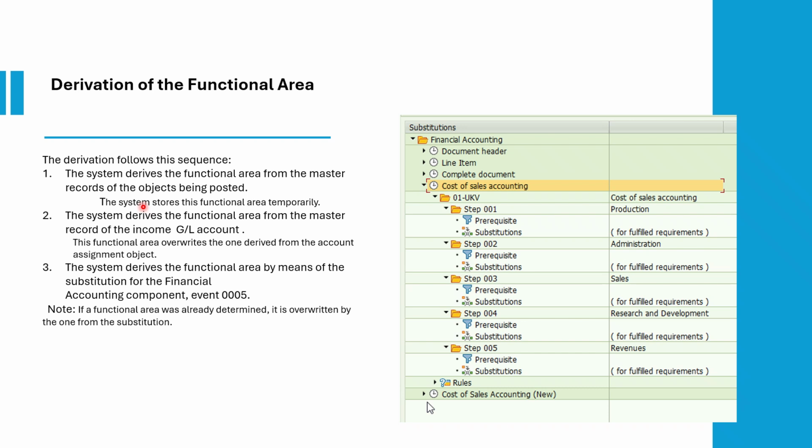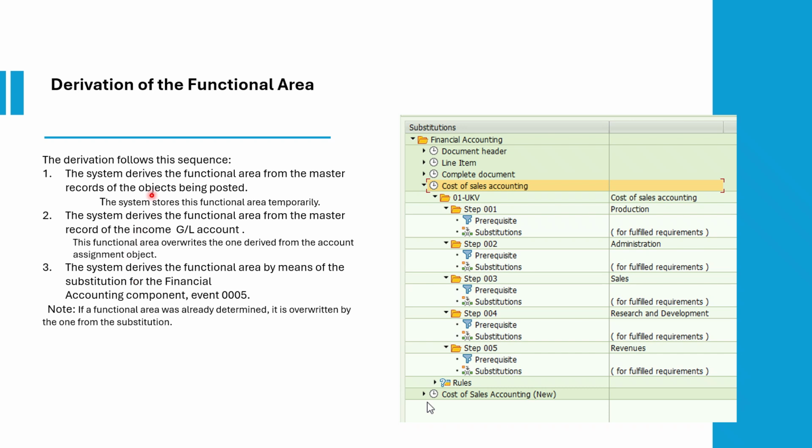You don't know what your functional area can be, but you know later, so you can create a substitution rule. Or let's say you want an exception: for an income GL account, fine, but for some particular case you want it overwritten, so you can put all of that here.